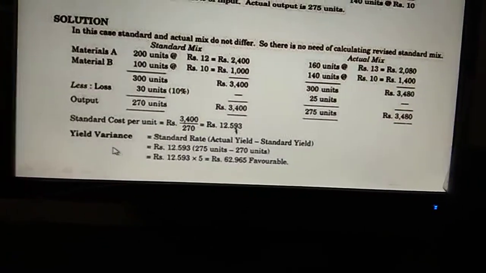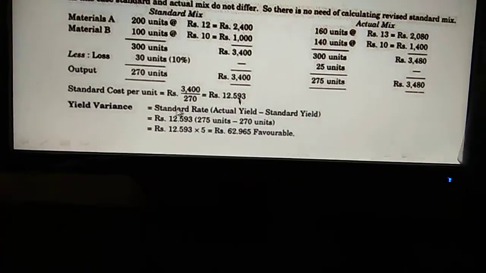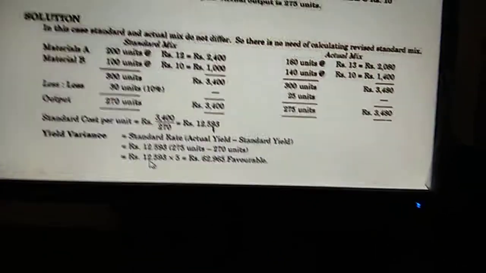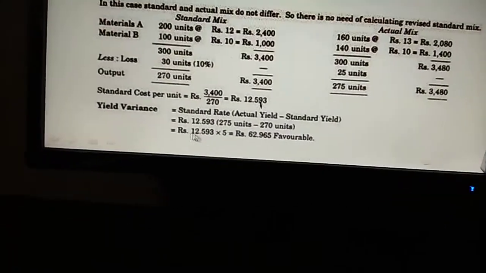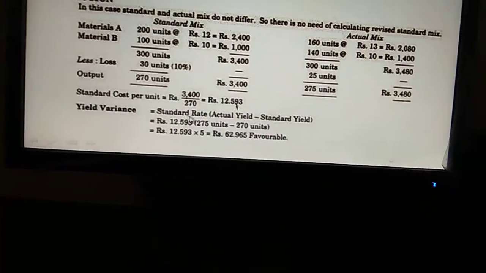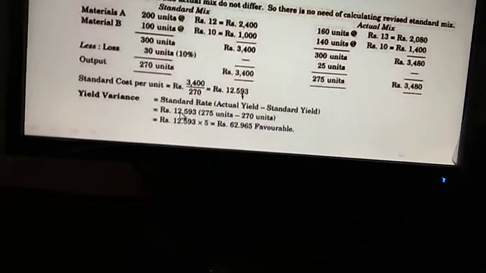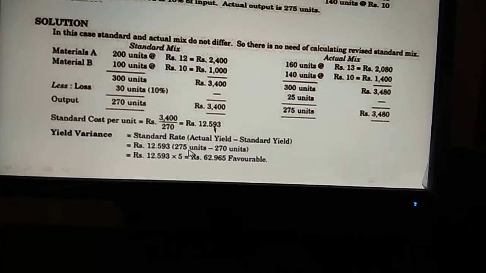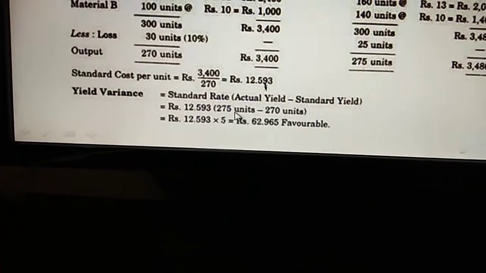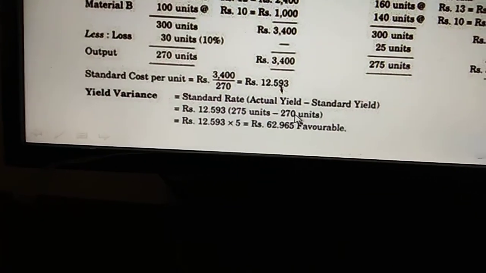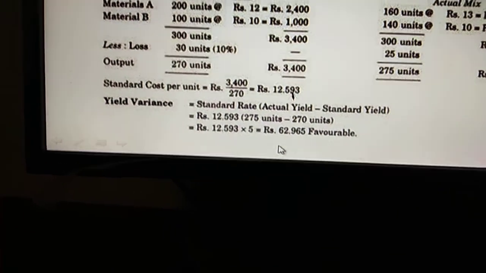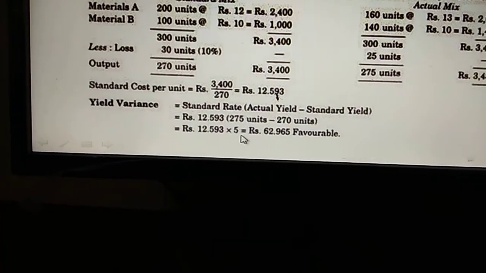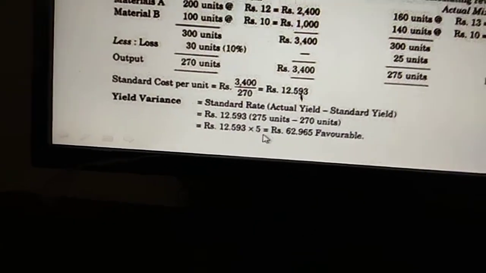Yield variance, the formula is standard rate into the difference between the actual yield and the standard yield. The standard rate we got is rupees 12.593. Actual yield is 275 units and the standard yield is 270 units. So the difference is 5.